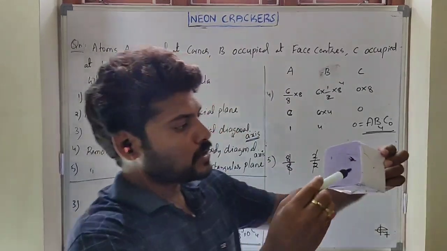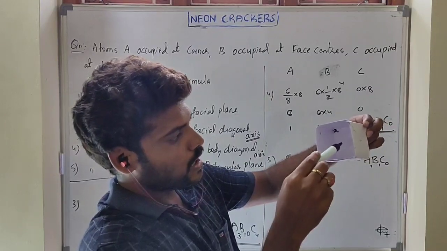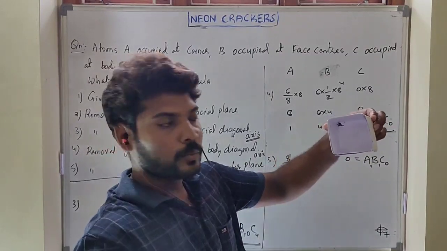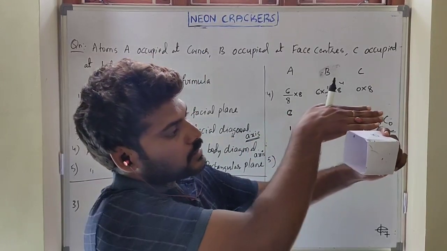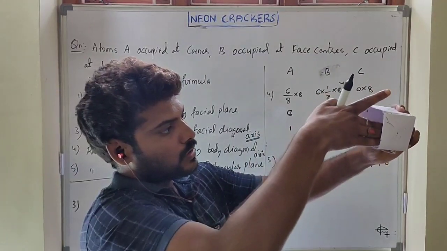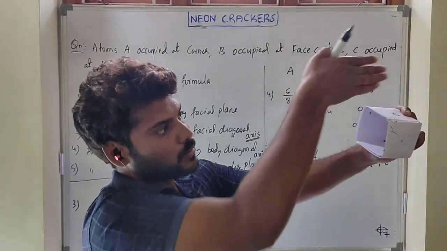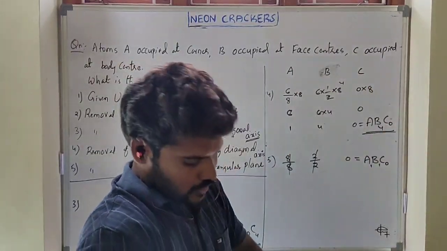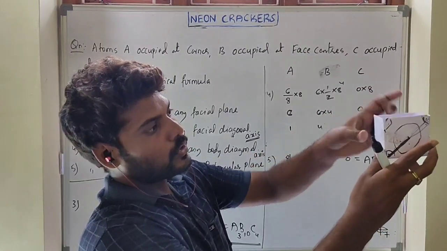Body diagonal axis means only from this axis of symmetry, right? From this axis of symmetry, 2 corner atoms and 1 body center are to be removed. If you take the body diagonal axis, this plane is completely related to this one. How many are possible? 1, 2 corner atoms, and downside also here 2 atoms, so 4 corner atoms are removed.